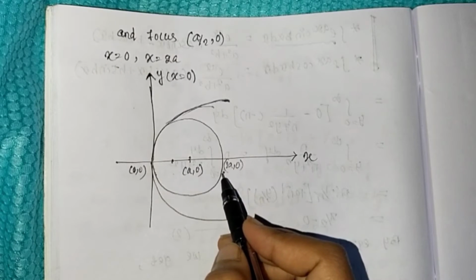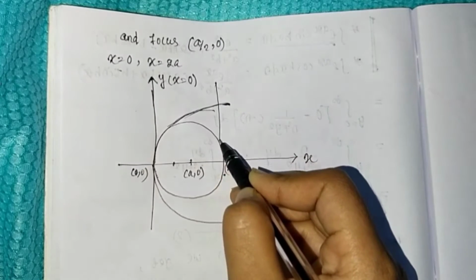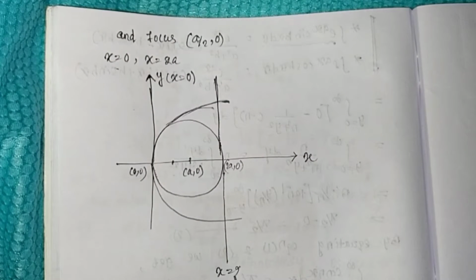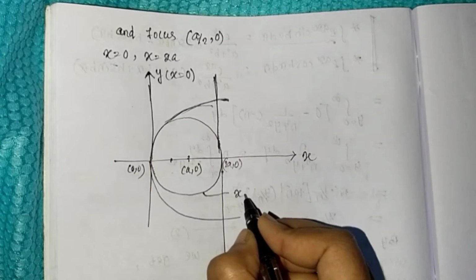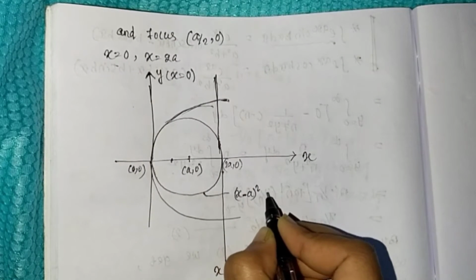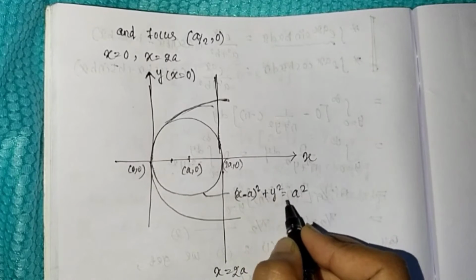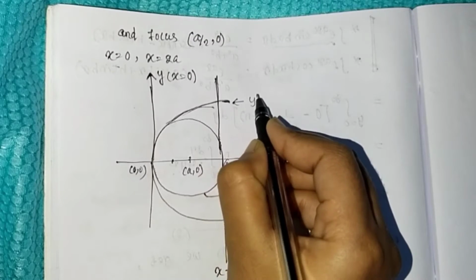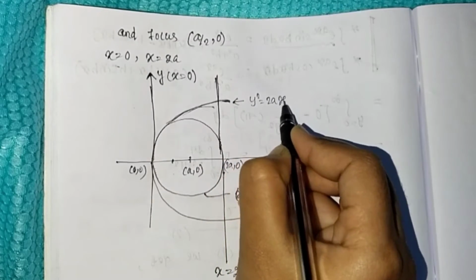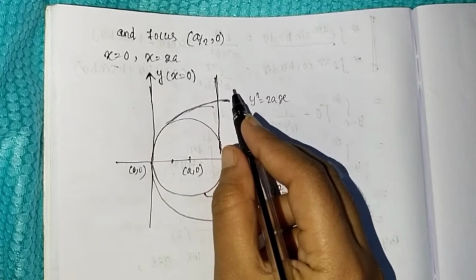So our x equal to 2a is this. Here it is the circle x minus a whole square plus y square equal to a square, and this one is the parabola, that is y square equal to 2ax, and this is the line x equal to 2a.